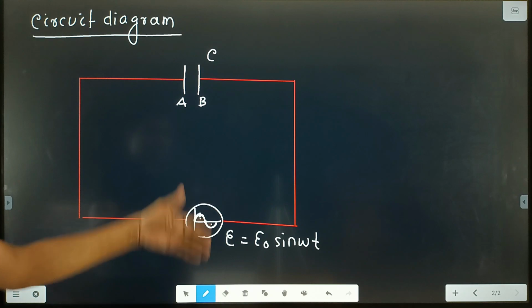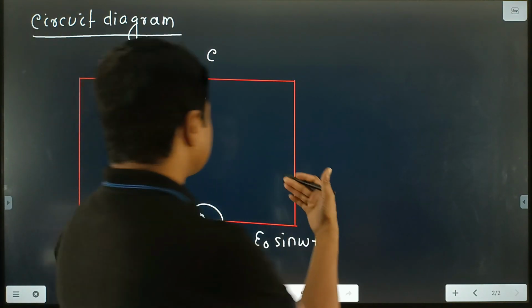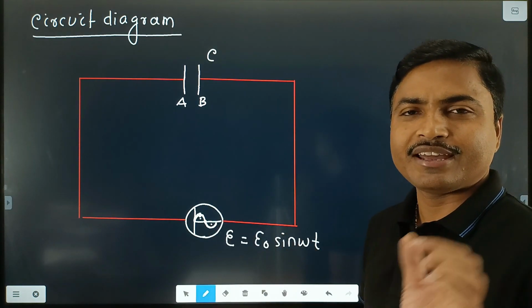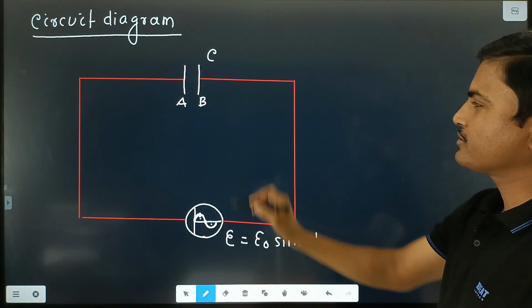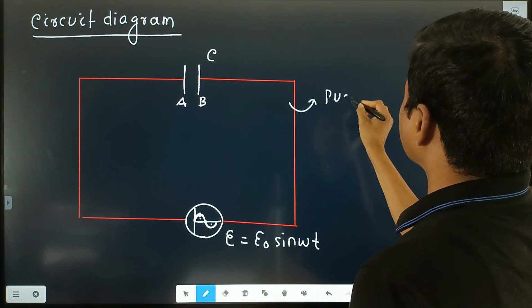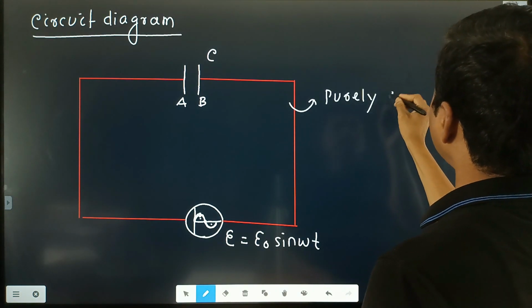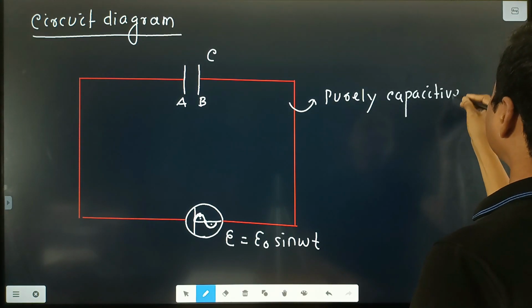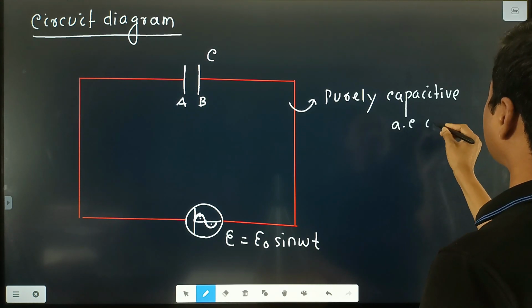Clear? And this one is the circuit diagram, and here only a capacitor is connected. Suppose its resistance is very small, and this circuit is also known as a purely capacitive AC circuit.